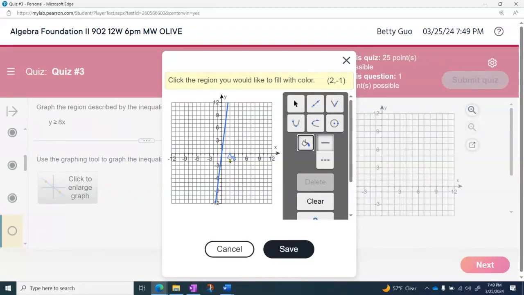You would get a false statement, because when x equals 3, it's 24 on the right side, and the left side is 0. 0 is greater than or equal to 24 is false. That means 3, 0 is not a solution. We have to shade the other side.